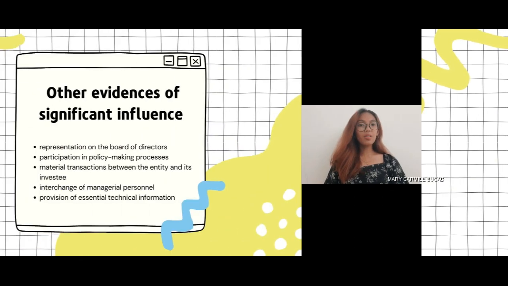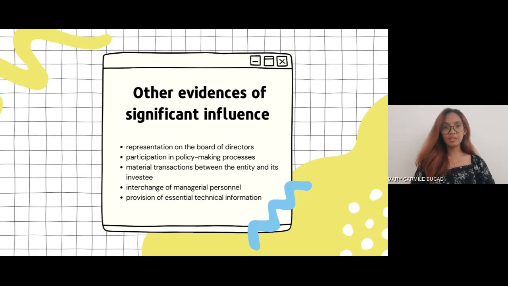Other evidences of significant influence. So there are times where the company has less than 20% ownership but still has a significant influence over the other. These situations are as follows. A. There is a representation on the board of directors or equivalent governing body of the investee.